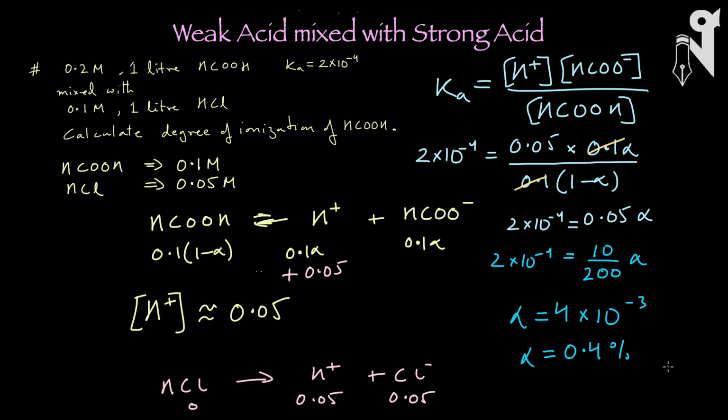So unless the stronger acid concentration is given as strikingly lower than the concentration of the weaker acid, you will just do it like this. If the strong acid concentration was given as something like 0.0005 molar instead of 0.05, and the weak acid is 0.1 molar, then this should ring a bell, and you cannot ignore the 0.1 alpha coming from the weaker acid in front of what is coming from the stronger acid.